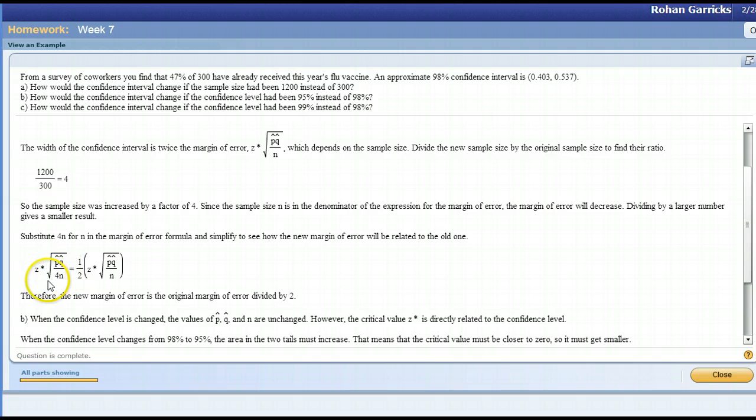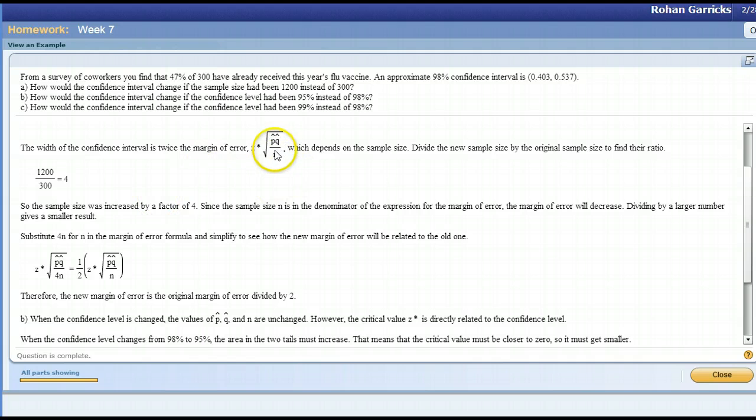4n underneath the square root sign, if you take out the 4 by finding the square root of it, becomes 2. So it means that this original quantity here, when you change n to 4n, becomes a half of the original quantity, which means that the new margin of error is the original margin of error divided by 2.